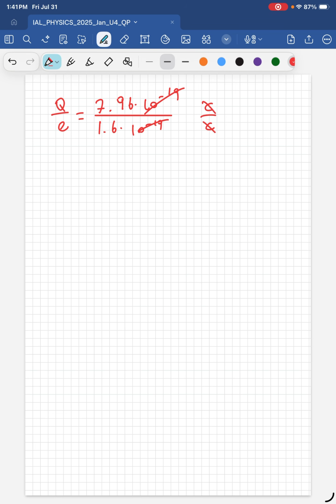So is this an integer number? 7.96 over 1.6 is 4.98. So it's about 5. So it is an integer multiple of the fundamental unit. So yeah, Millikan was brilliant in thinking this out. All right, let's move on to the next question.